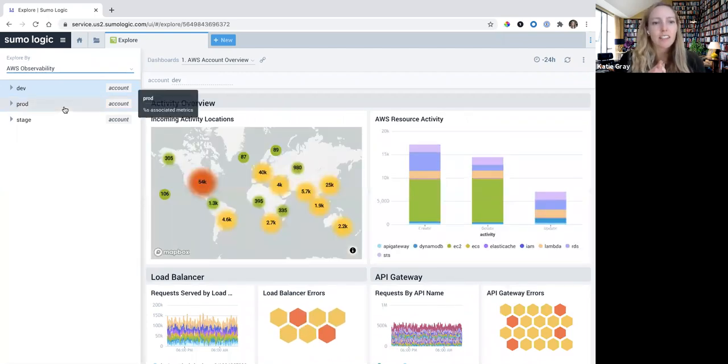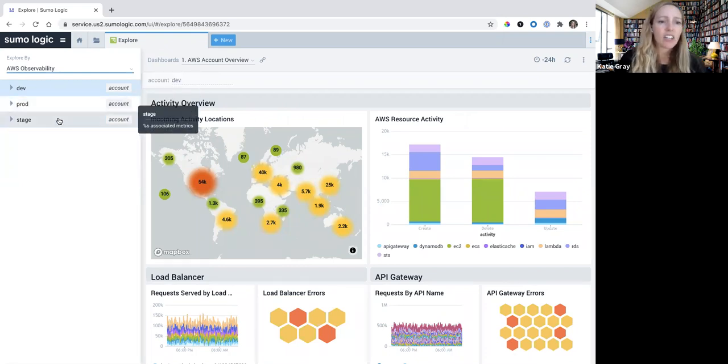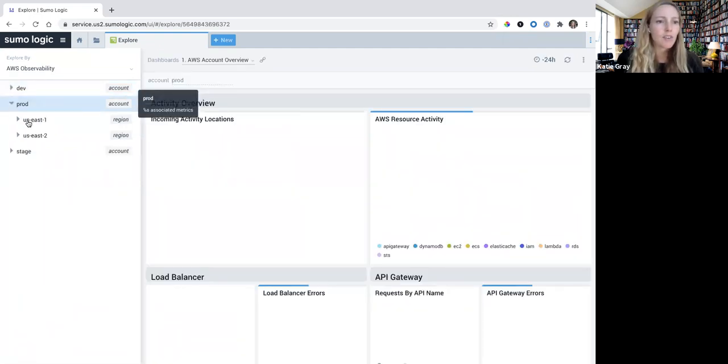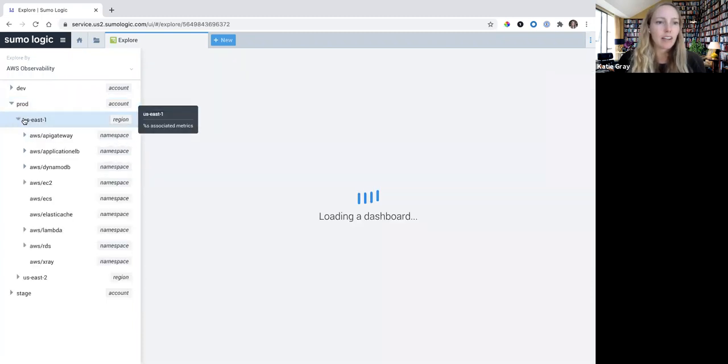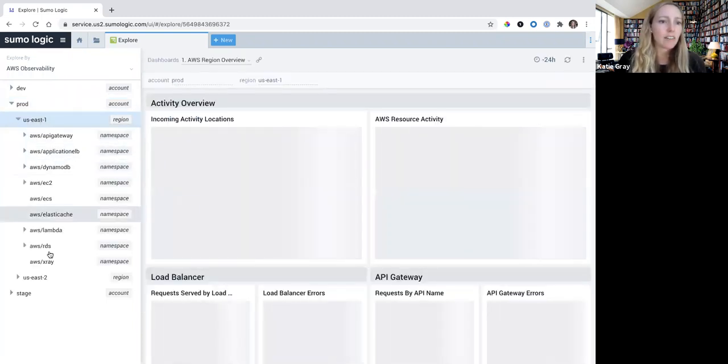Looking at this right out of the box, I'm looking at 3 different AWS accounts. I have our dev account, production account, and staging account. You might have many, many more than this. Within each one, you can drill down to look at a specific region and also a specific service.